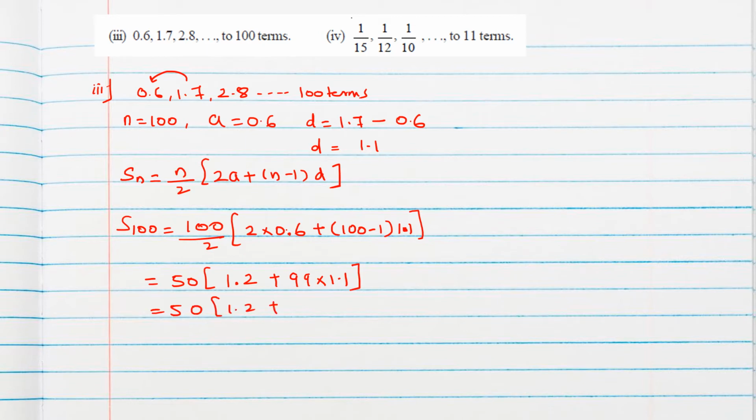So 11 nines are 99, then 11 nines are 99, and 9. So it will give 108.9. After one digit decimal, so we'll put the point after one digit. Now 50 into this, we can add 1.2 and 108.9.